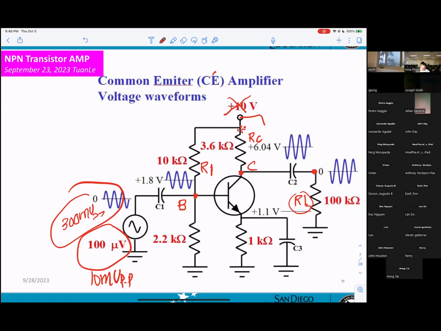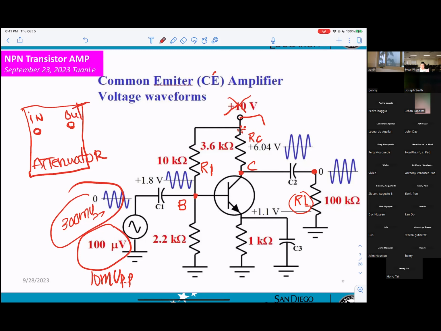Okay, I'm telling you. Lab one is already prepared for you. That's what they call an attenuator. Generator, that will be in, that will be out. Okay?